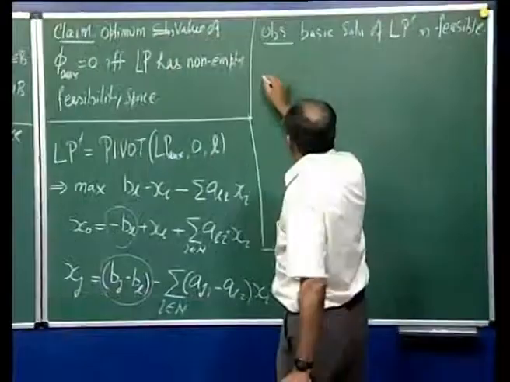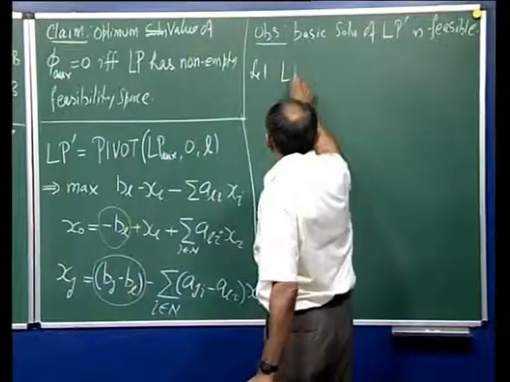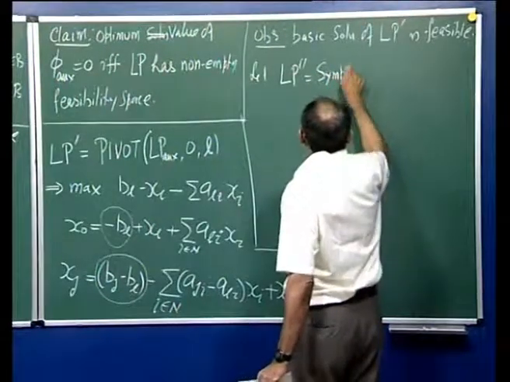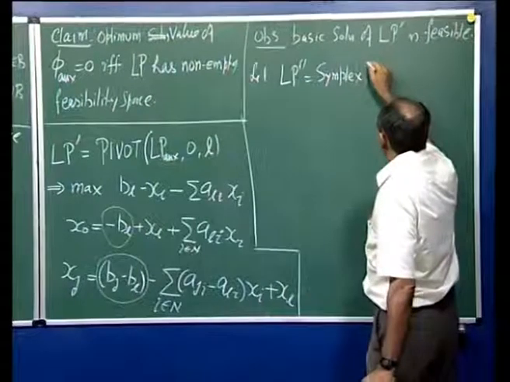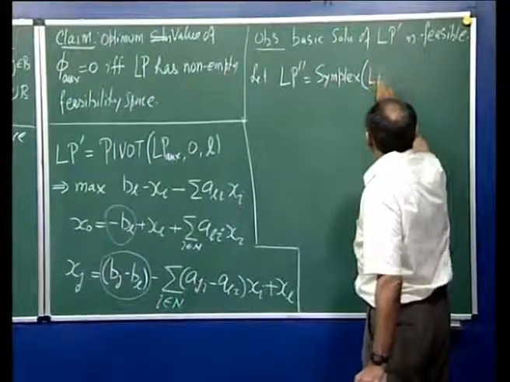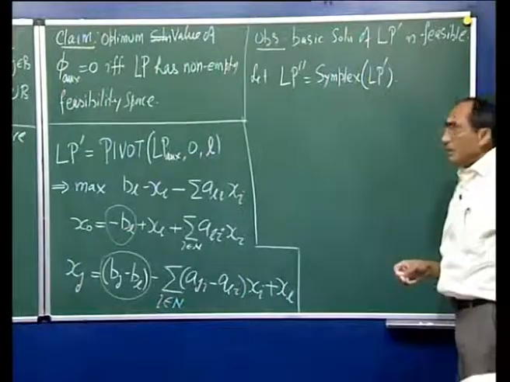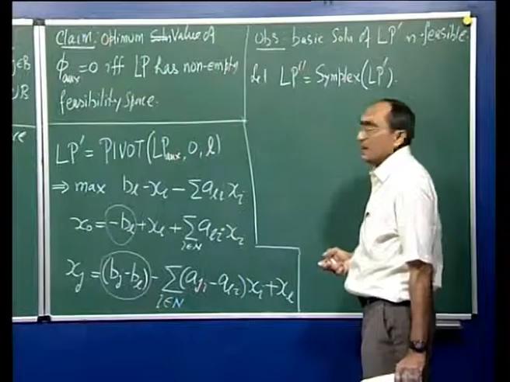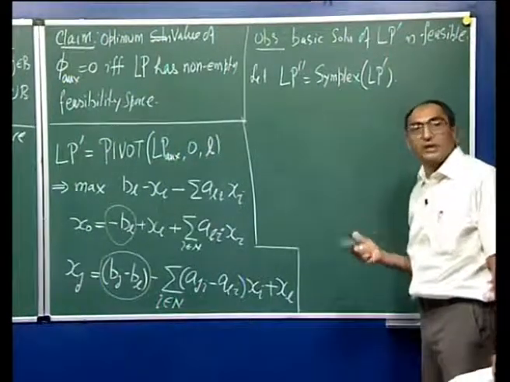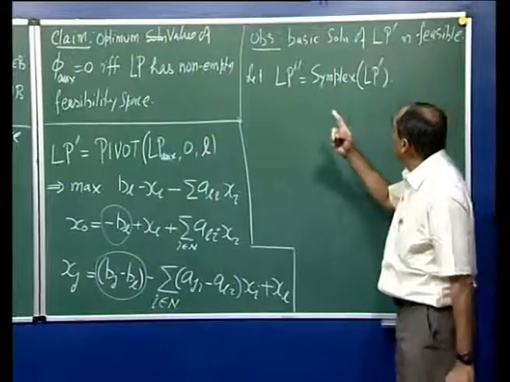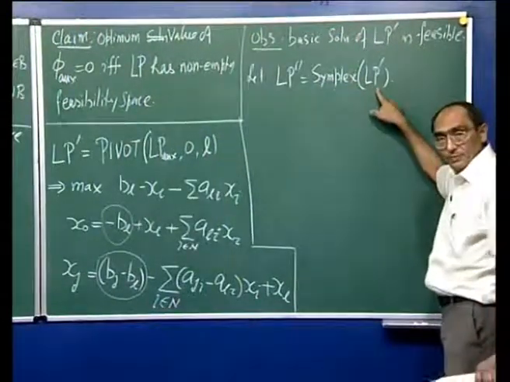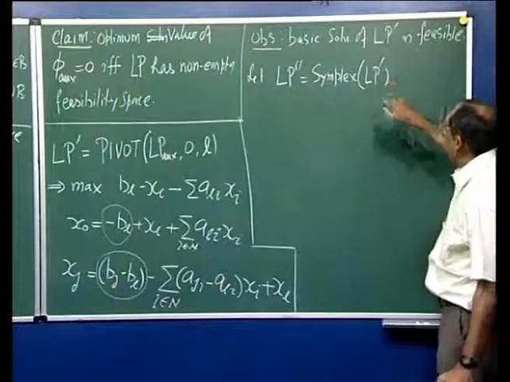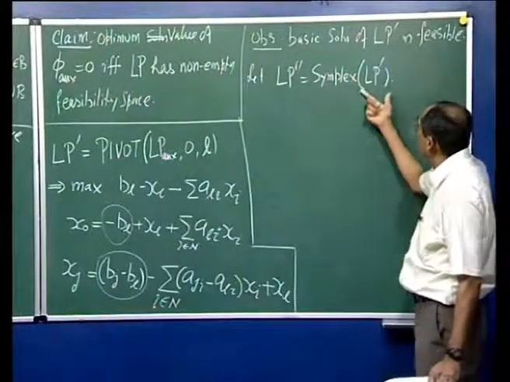Now, let LP double prime be the result of running simplex on LP prime. What we had observed earlier is that LP auxiliary has a non-empty feasibility space. LP auxiliary is equivalent to LP prime because we have performed one pivoting. Subsequently, we have performed simplex algorithm on that.